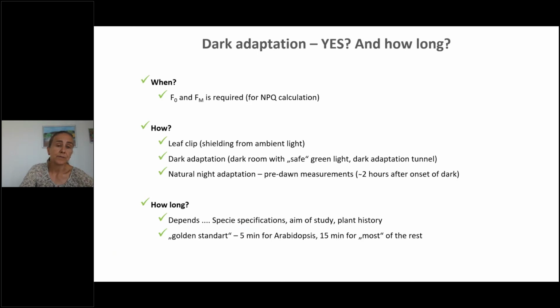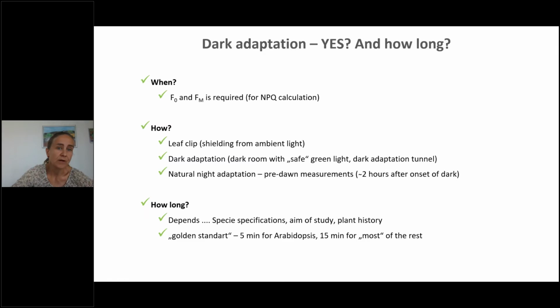And Tracy briefly touched on the question of dark adaptation. I would like to get back to this because this is a very common question and there are lots of discussions. Whether to dark adapt and for how long?